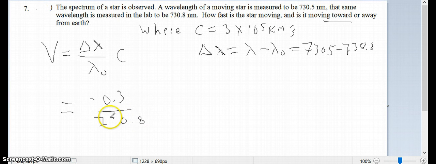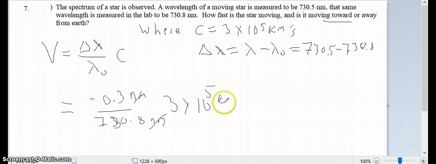And of course the nanometers cancel. So this was nanometers, this was nanometers, and they cancel. And then multiply it times the speed of light, but you use the speed of light in kilometers per second, so 3 times 10 to the 5th kilometers per second. All right, and that turns out to be negative.